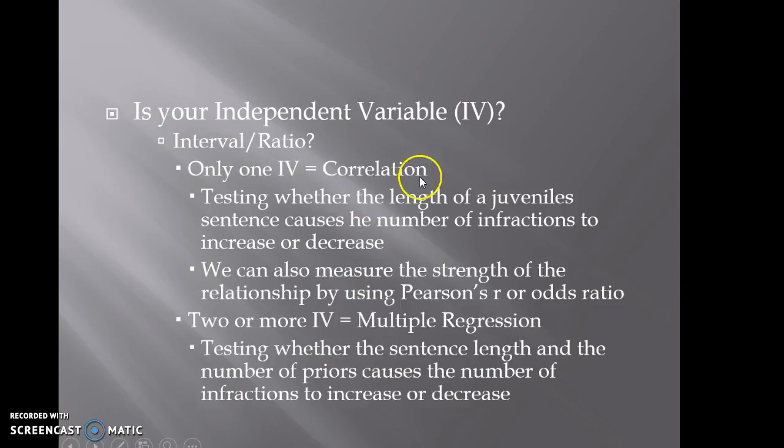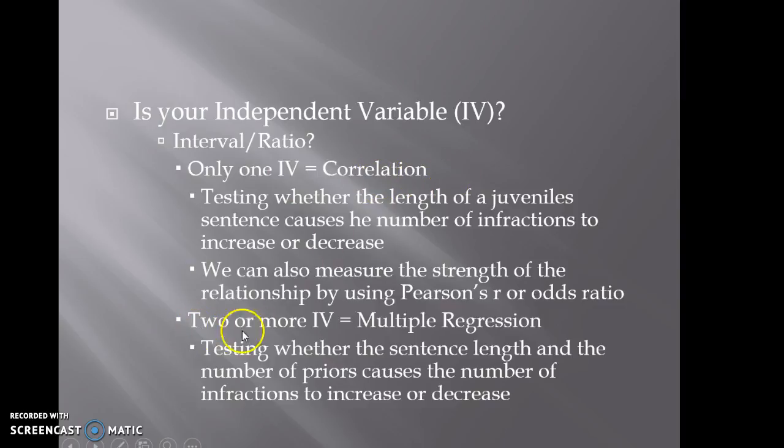Now, is your independent variable interval or ratio? Is it numerical? If you've determined that your independent variable is continuous, how many independent variables do you have? Answer that question. If you have one independent variable, you will use a correlation coefficient.